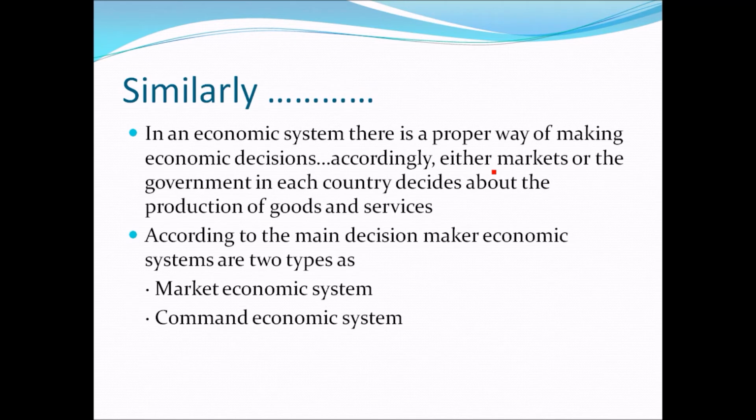In an economic system, there is a proper way of making economic decisions. Either the markets or the government of each country is deciding about the production of goods and services. According to the main decision-making mechanism, there are two types of economic systems: market economic systems and command economic systems.